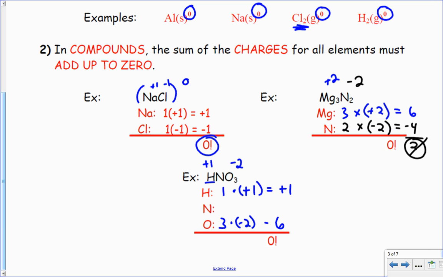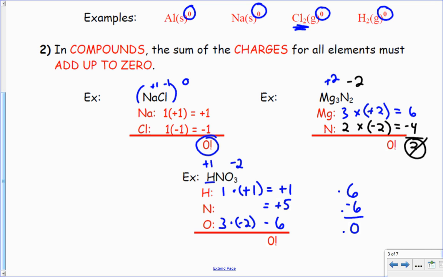Now, how can I get all of this to add up to 0? 1 plus what, plus -6, equals 0? I know I have to do 6 minus 6 to equal 0, correct? So I need this charge to be plus 5, because now 1 plus 5 is 6, and then I can get 6 minus 6 to be 0.